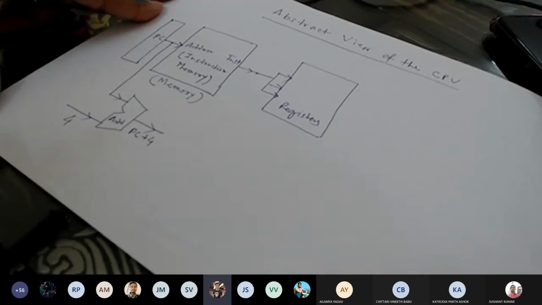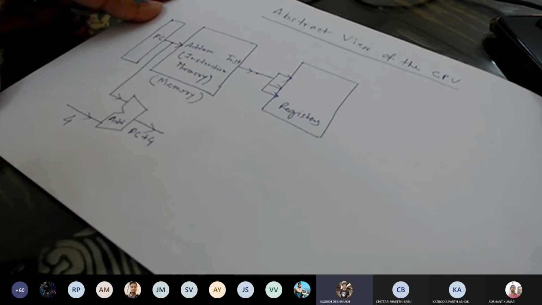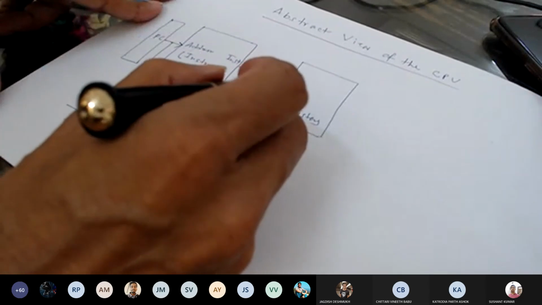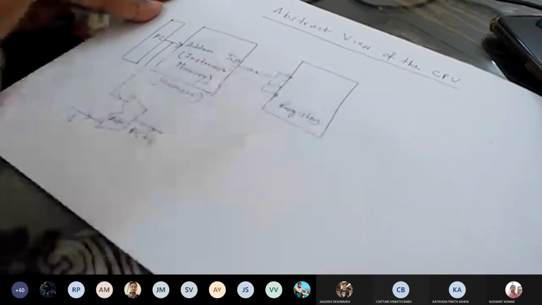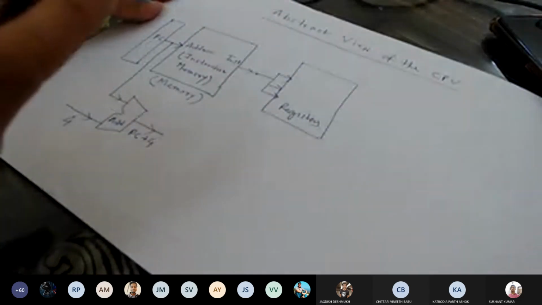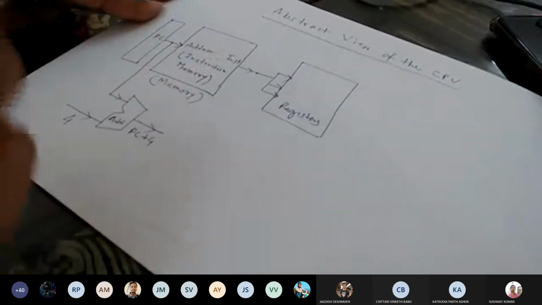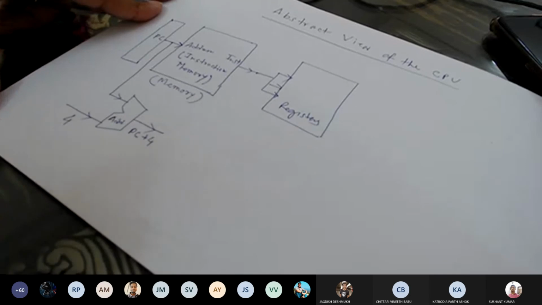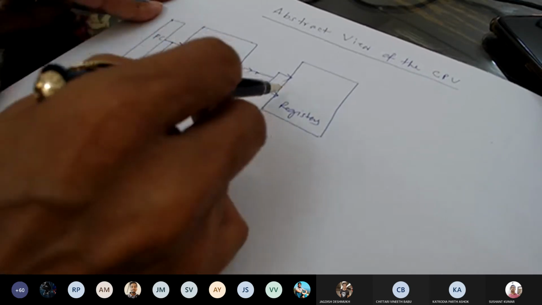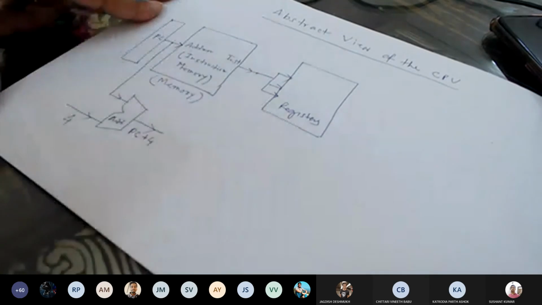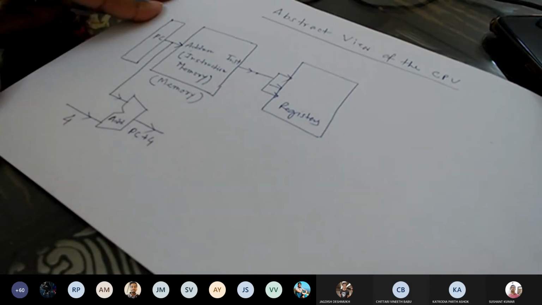Mostly a maximum of 3 registers are operands, like in add, 2 registers and store in a third. Absolutely right. So you need 3 addresses of the registers. That's why you can have a maximum of 3 register values. You don't need more than that. Example is add R1, R2, R3. So you need to know the address of R1, address of R2, and address of R3. That is the reason that we are giving 3.